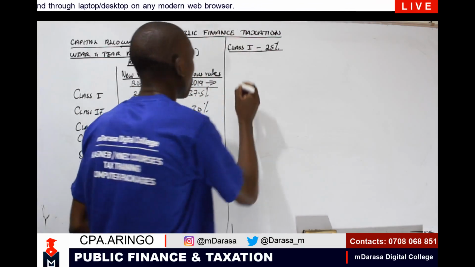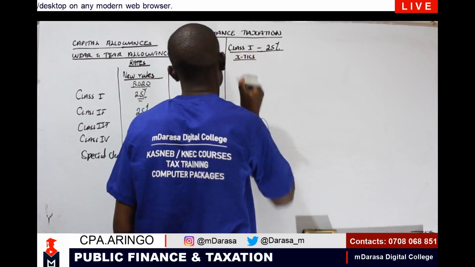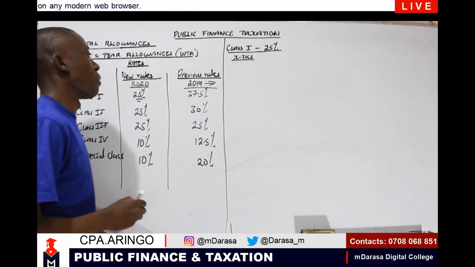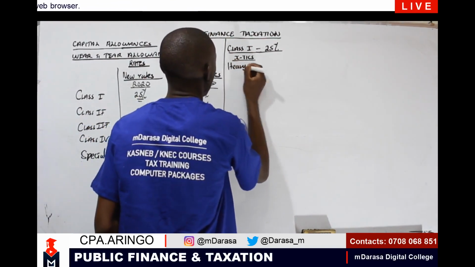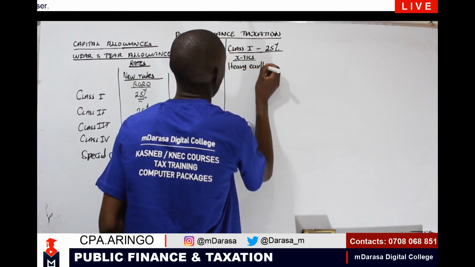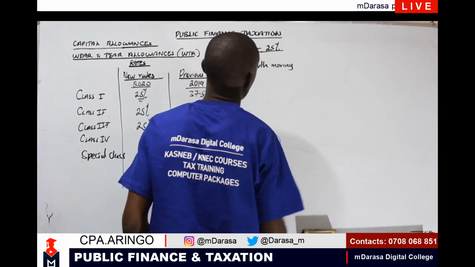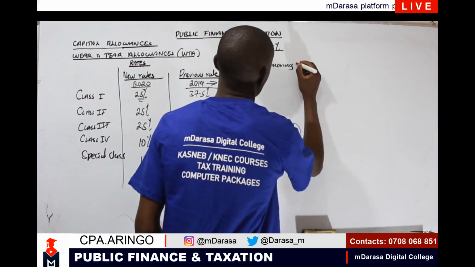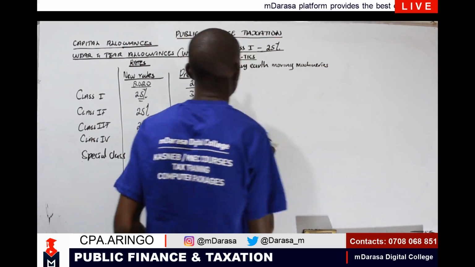Whenever we're talking of characteristics of class 1 items, first of all, number 1, it should be heavy earth moving machineries or equipments.